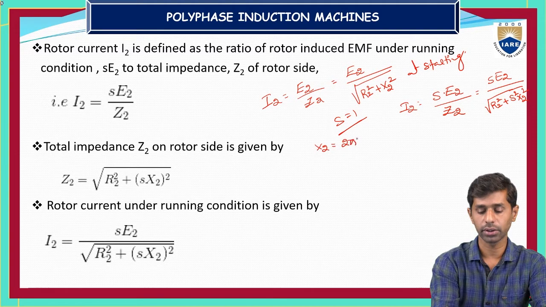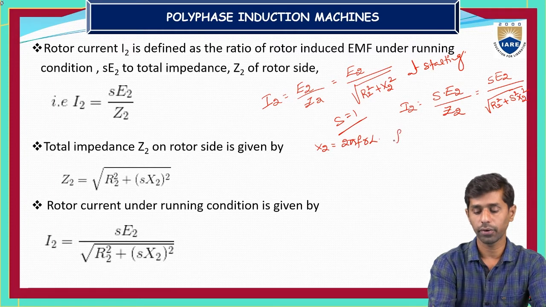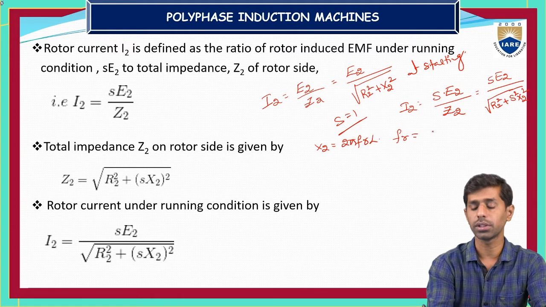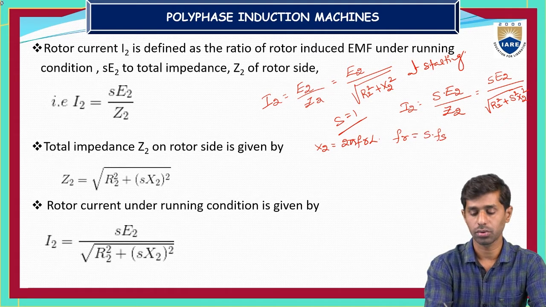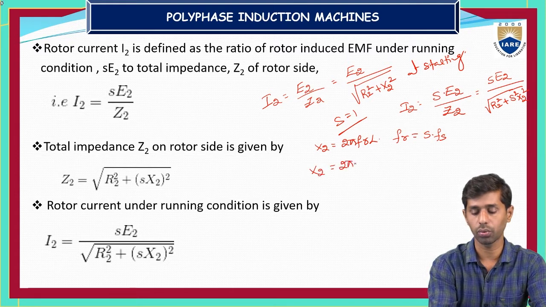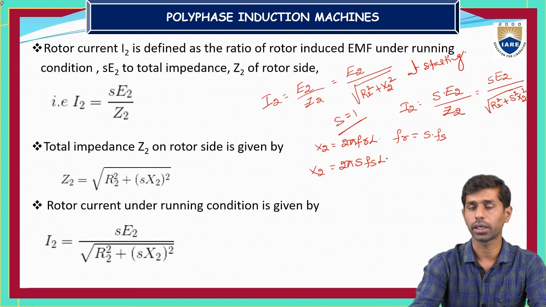Generally, at starting, X2 is 2 pi Fr into L, where Fr is the rotor frequency, which equals slip times the stator frequency, s into Fs. So we can write X2 equals 2 pi into s times the supply frequency into the inductance of the rotor winding.